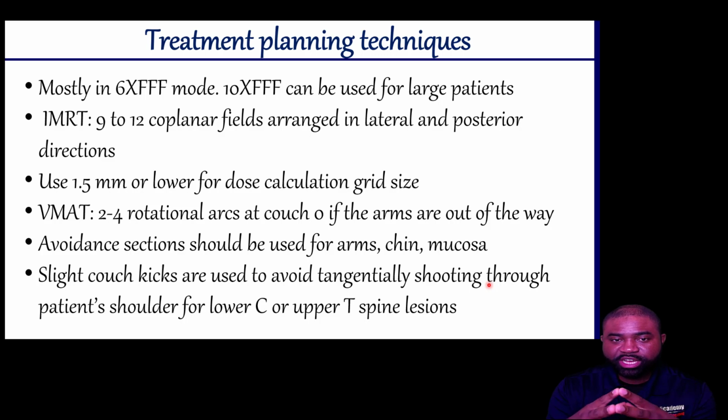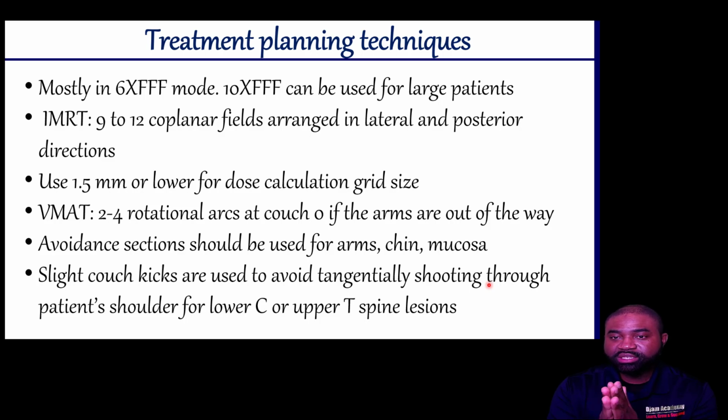And the reason FFF beams are preferred, especially for spine cases, is because it comes with much higher dose rates. In our clinic for our machine, the 6 FFF, we do 1400 MUs per minute and 2400 MUs per minute for our 10 FFF.